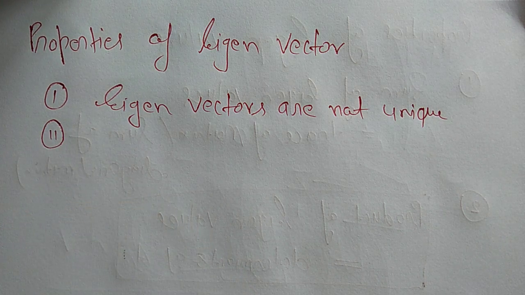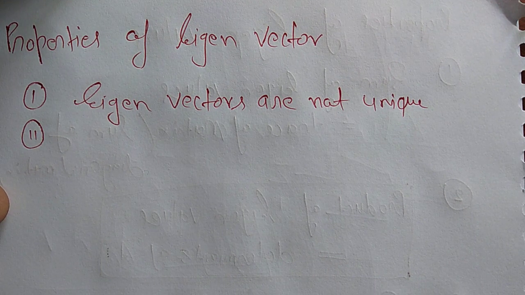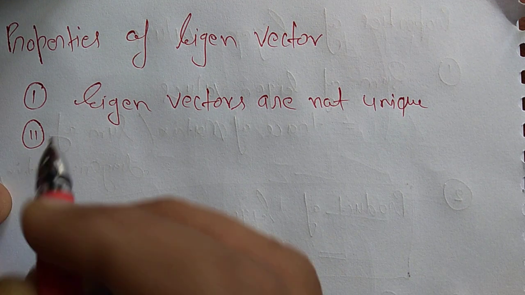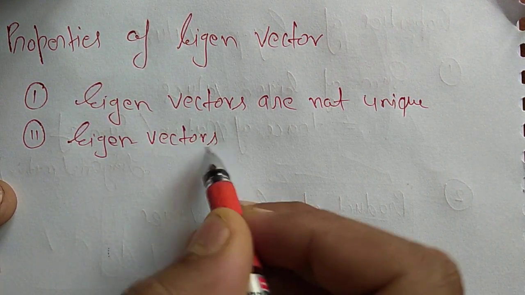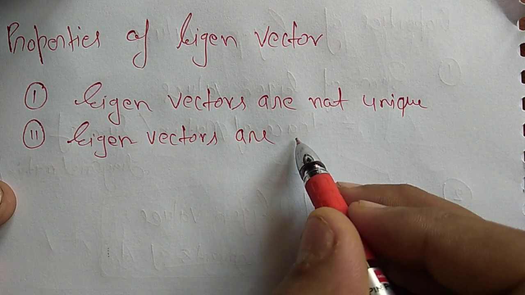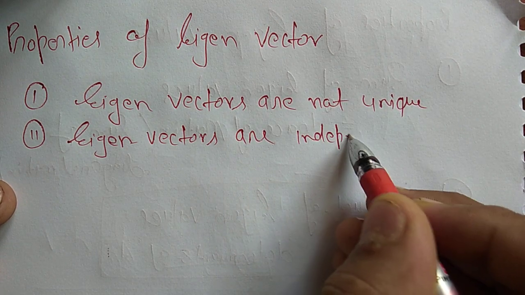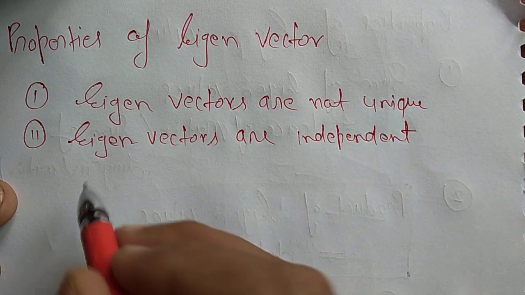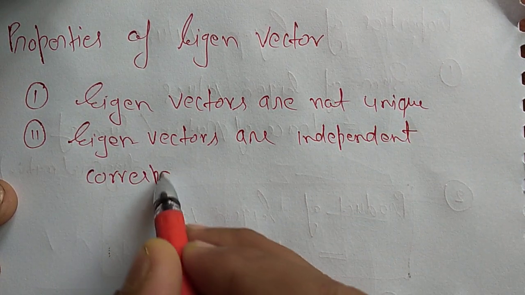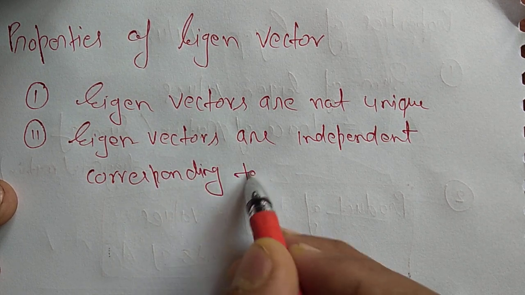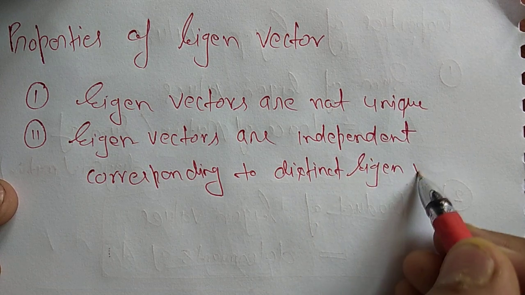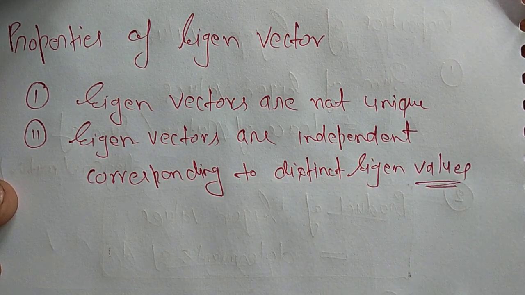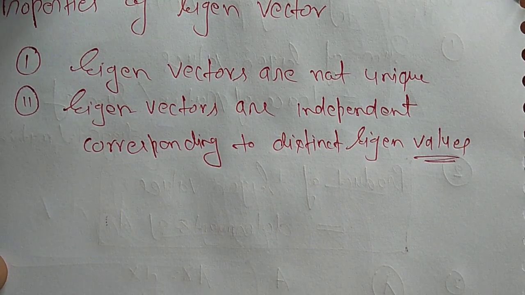And the second, very important property: eigenvectors are independent corresponding to distinct eigenvalues. If we have distinct eigenvalues, then the eigenvectors are independent.